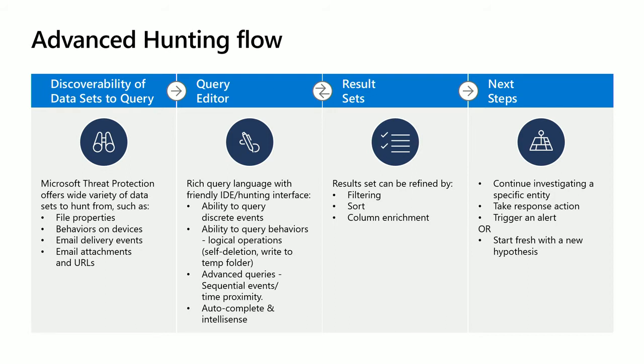So after we have the data set and we have the query editor capabilities, now we look to actually create the query. We usually start with a hypothesis or a question that we want to ask. We will start with a query that usually has a wide result set.